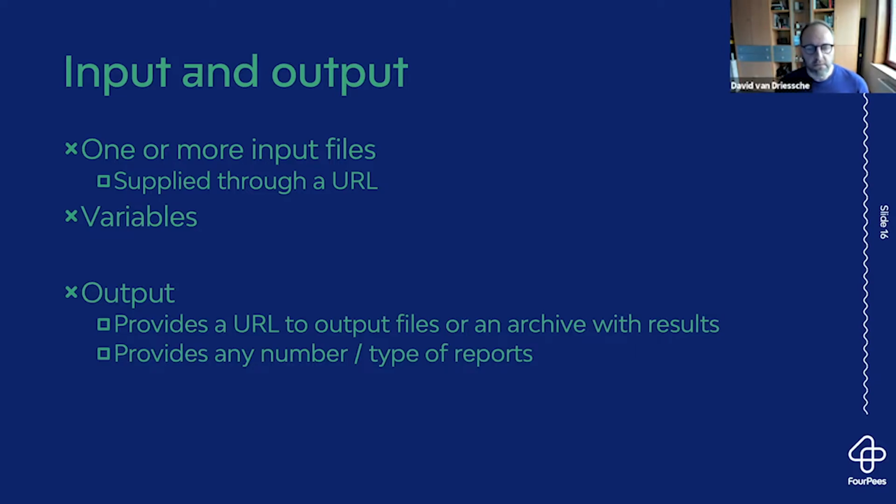You can either get URLs for individual result files. If you have a process plan that generates multiple things, for example, then you can download all of them using that URL, or optionally you can ask for all the results to be archived, and then you get the URL to the zip file, which in some cases makes it easier for people to do an integration, but it's optional and you don't have to use it.